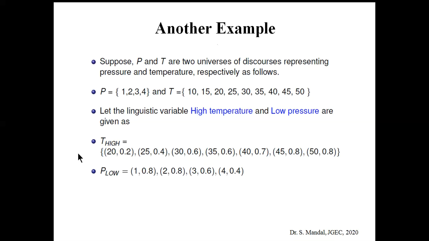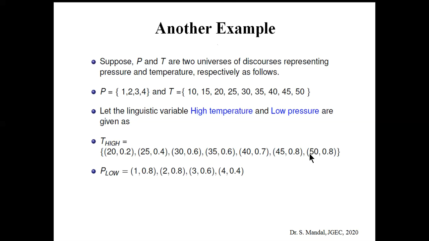We define two fuzzy sets, T high and P low. The first fuzzy set is given like this: (20, 0.2), (25, 0.4), (30, 0.6). For 10 and 15, we assume the membership value is 0. So high temperature is like this: (40, 0.7), (45, 0.8), (50, 0.8).